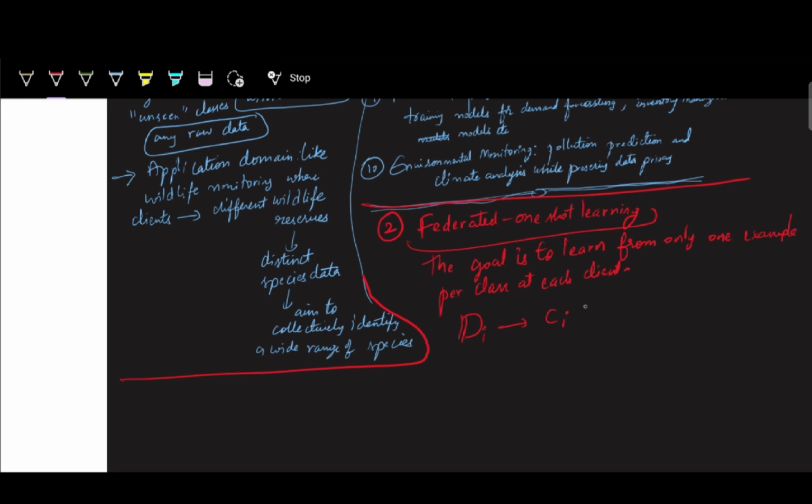The goal is to train a global model GM using only D1, D2, and so on up to Dn, each having one sample per class, with k classes, while trying to learn from one example per class along with minimizing the chances of overfitting.